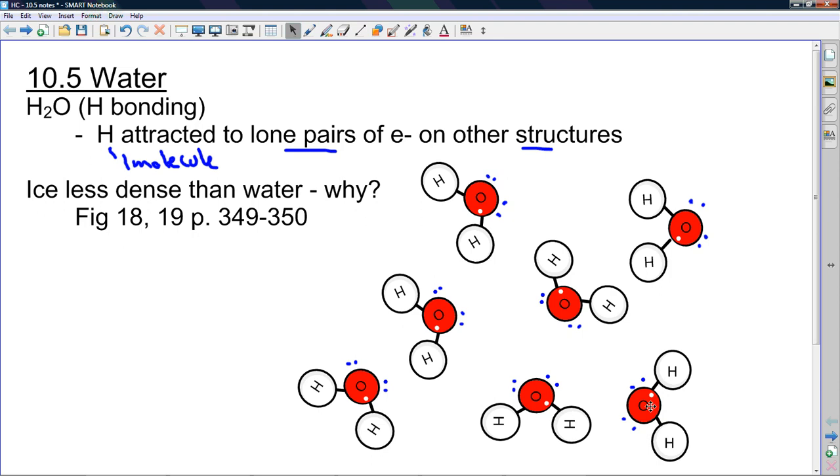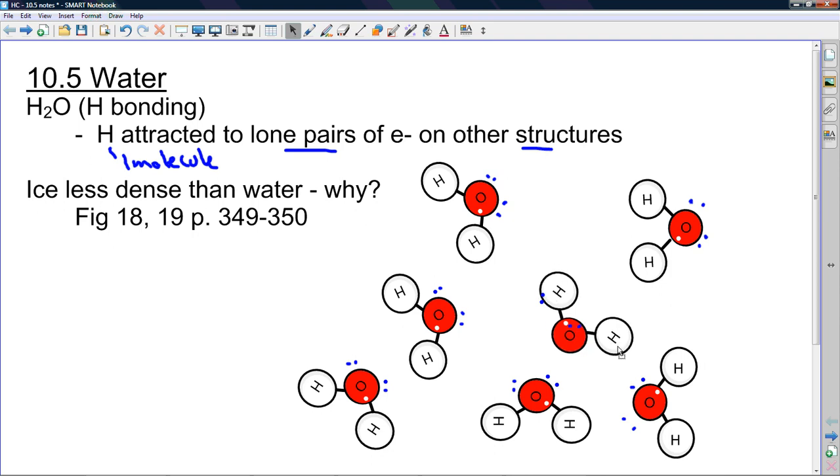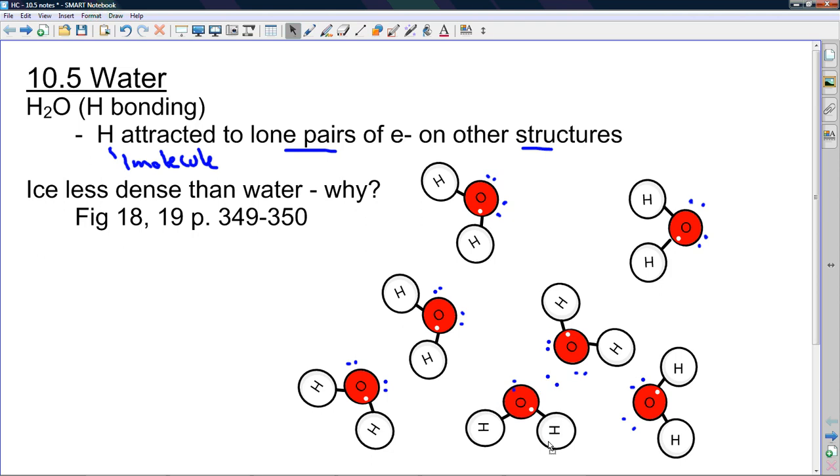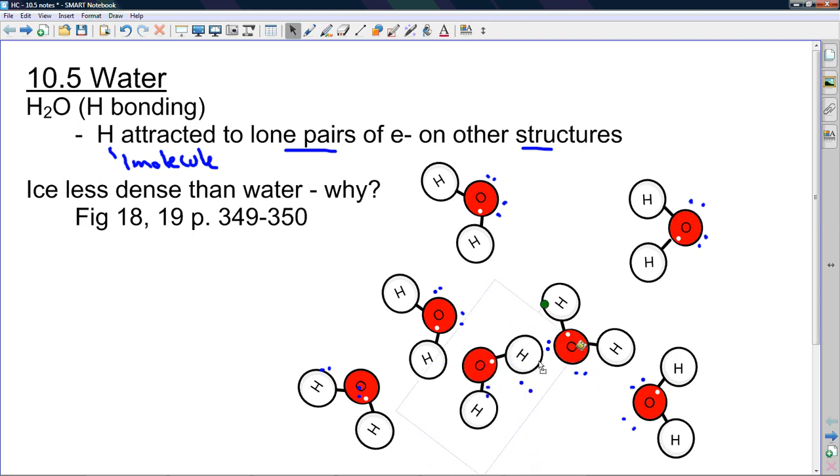So what you tend to see is these water molecules will rearrange, where we start to see them move. Well, if they move, then obviously the electrons are moving, and things start to rearrange. And these oxygens line up in a certain way.